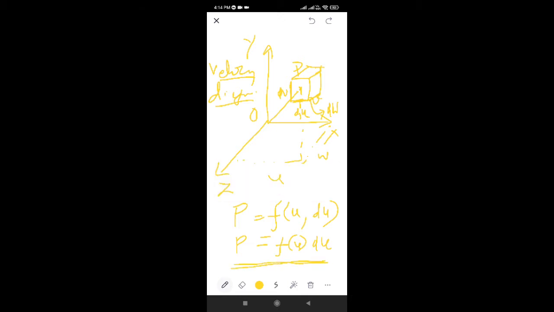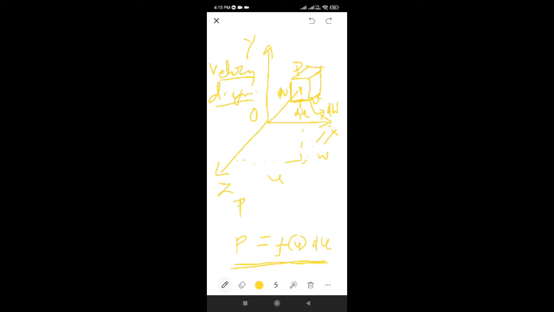Next, similarly, what will be the probability that the y component of velocity of the molecule under consideration is in between v and v plus dv? There also you have to write a similar equation. Here this is for the x-axis, or x component of velocity.